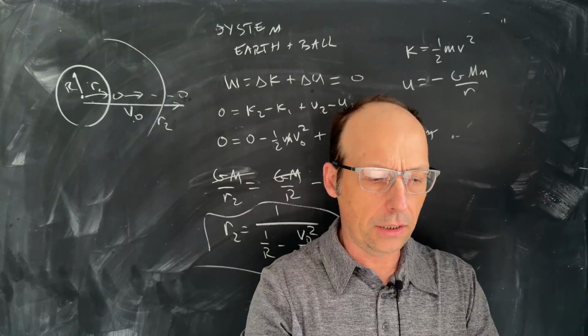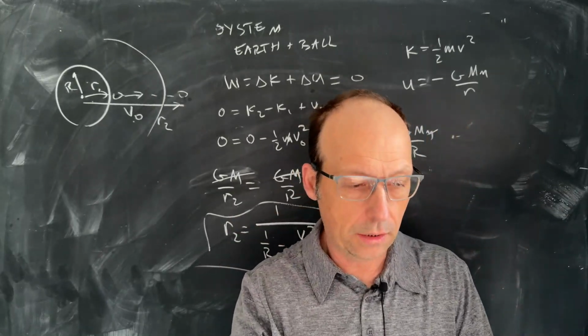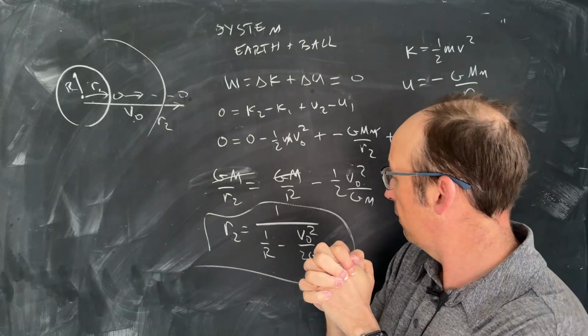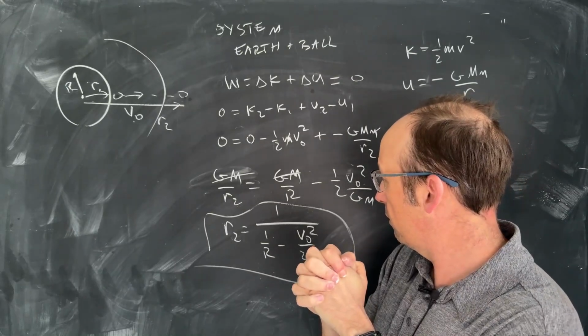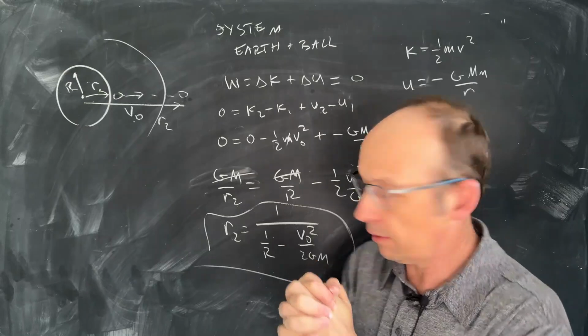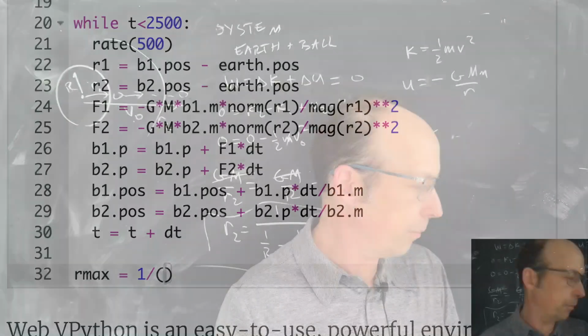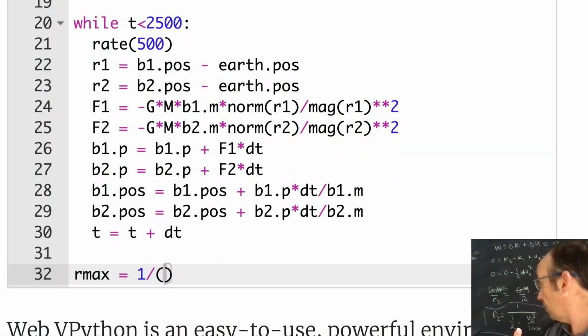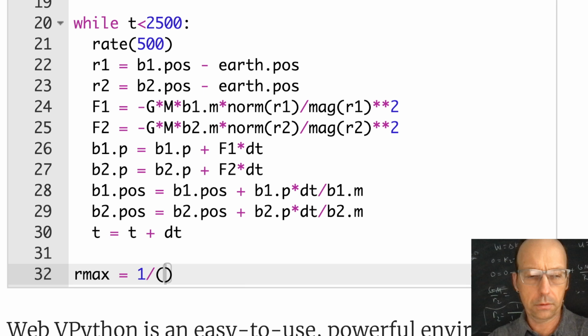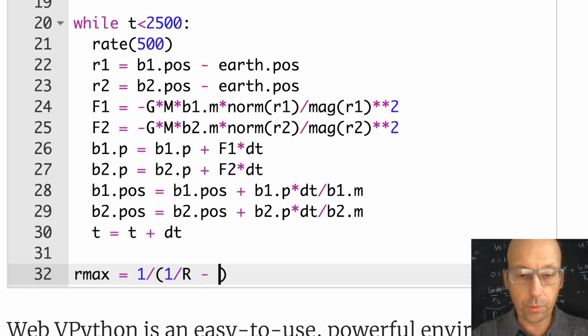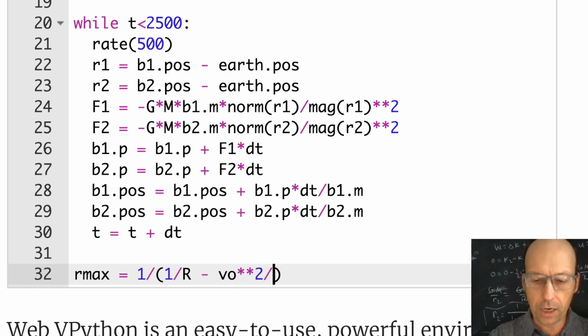R max, I'm going to call it, and it's right here what I said: 1 divided by, this looks weird, but 1 over R minus v0 squared divided by 2 times G times M. That should be capital M.